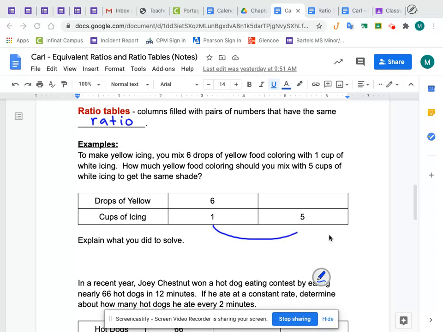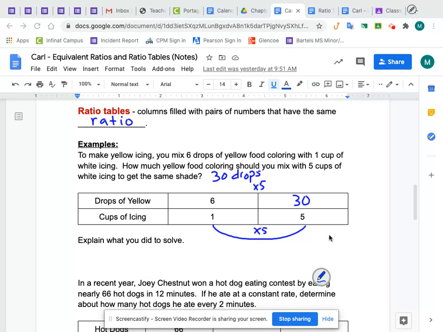Well, what do I do to go from 1 to 5? I multiply by 5. And what I do down here, I also have to do on top. So 6 times 5 is 30. So to answer the question, it would be 30 drops.